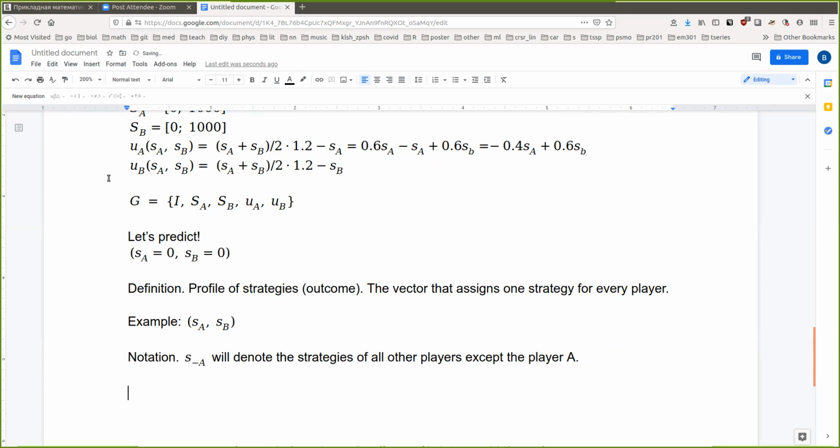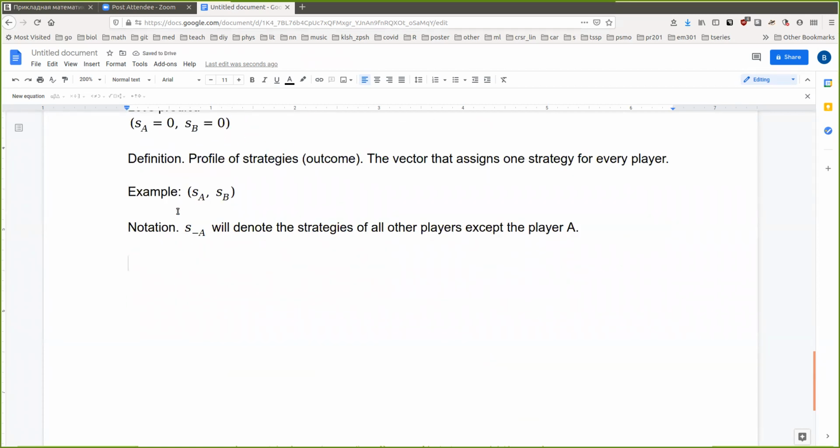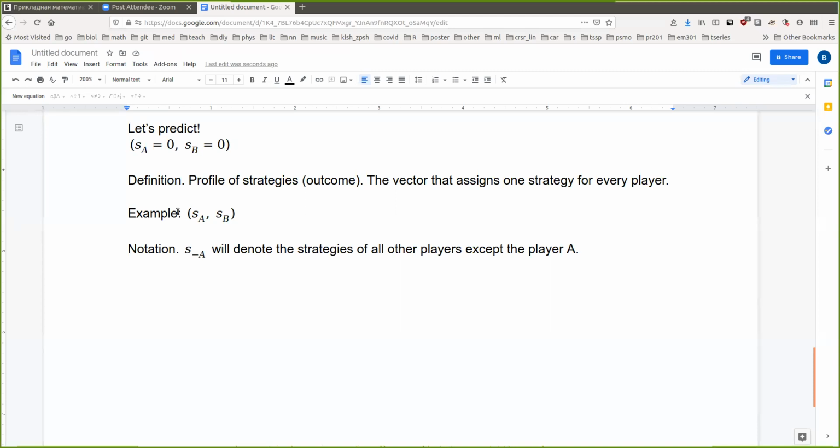And now, finally, I'm ready to give a formulation of Nash equilibrium. Definition. Nash equilibrium is a profile of strategies.